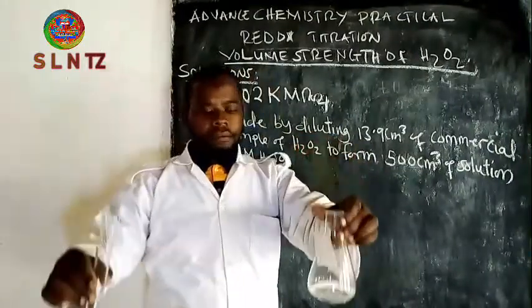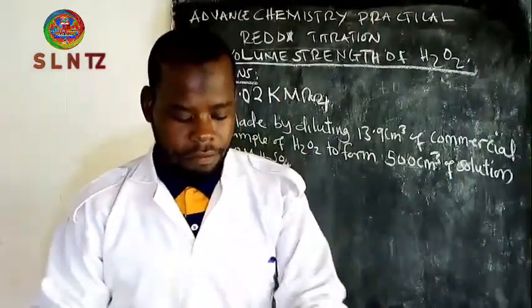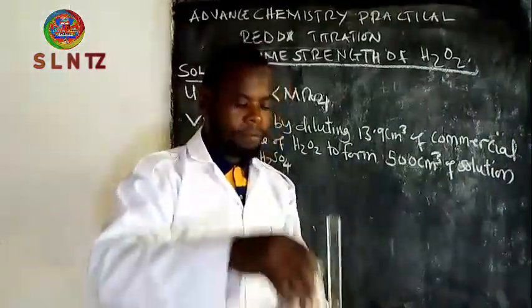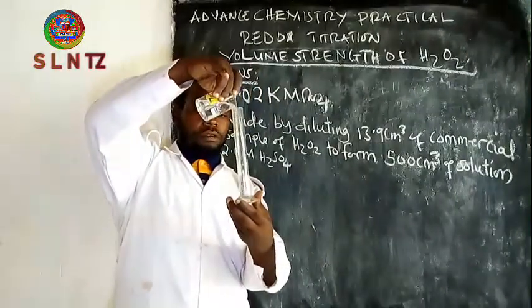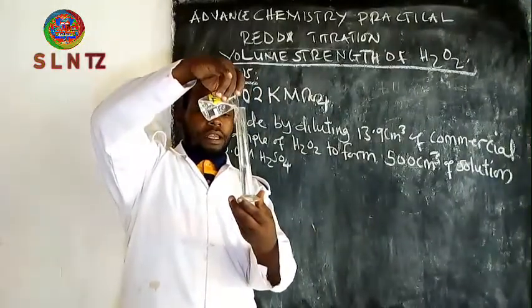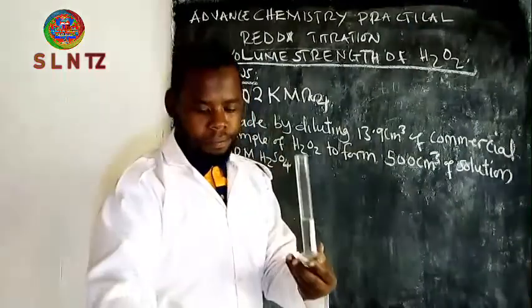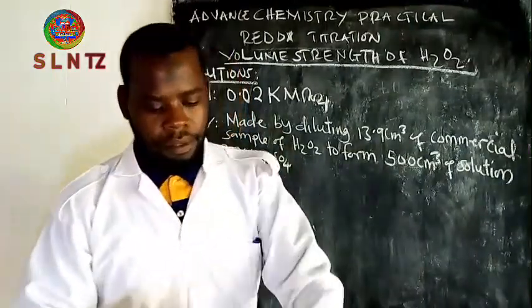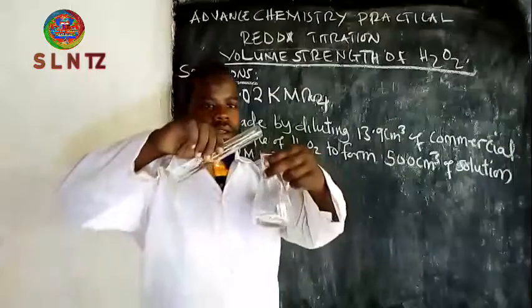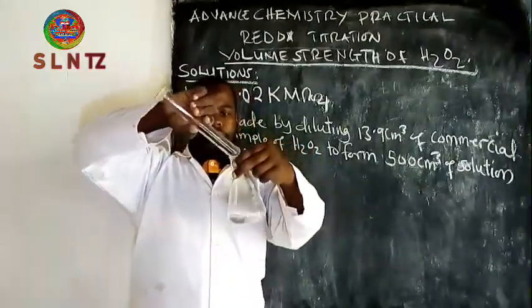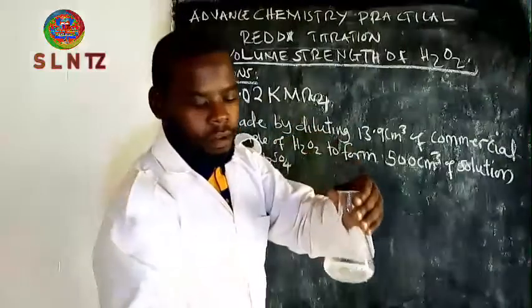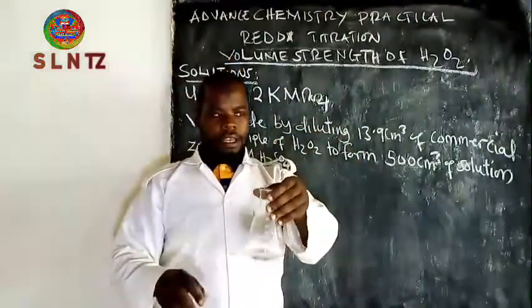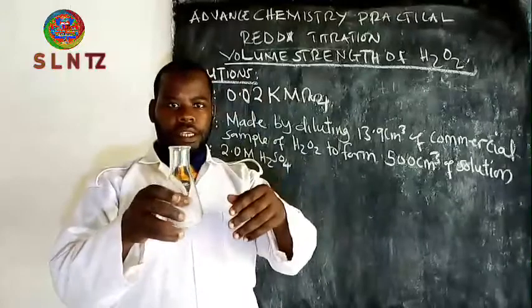And we add the same volume of sulfuric acid. So hydrogen peroxide is added with the sulfuric acid, and then we are going to titrate.